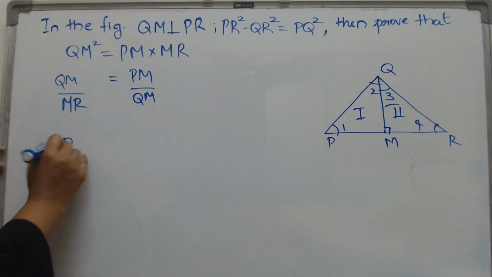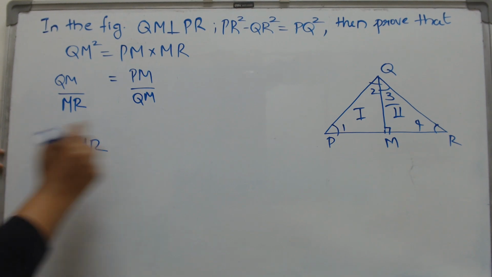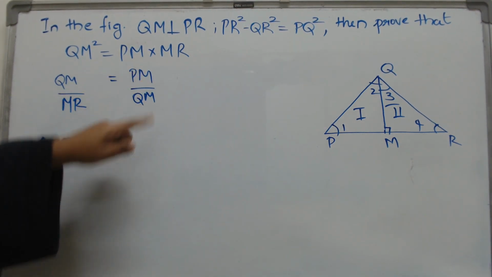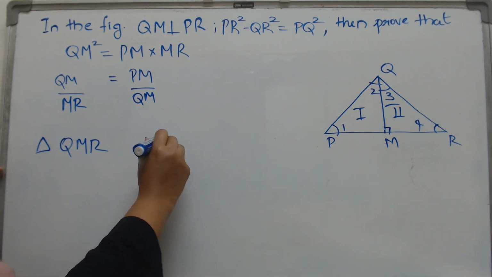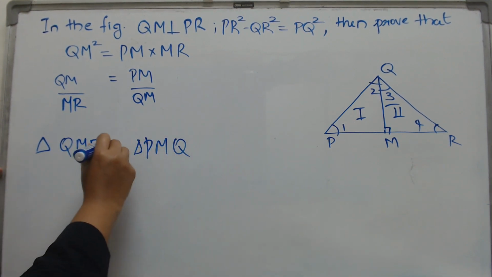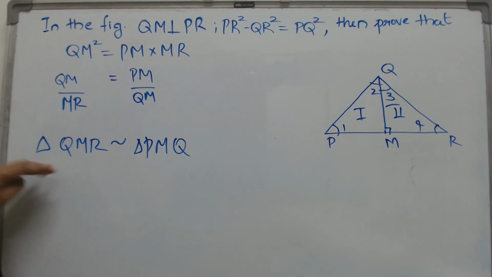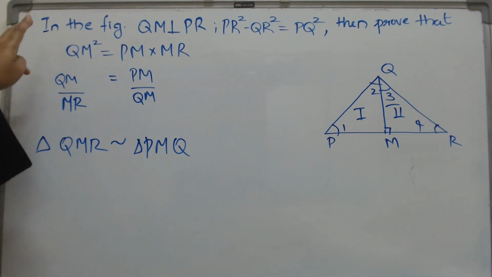QM, MR. So QMR, does that form a triangle? QMR. Now PM, QM. Consider PMQ. Does that make a triangle? Yes. So if you can prove that these two triangles are similar, then their ratios will be the same. From that you can get such an equation.